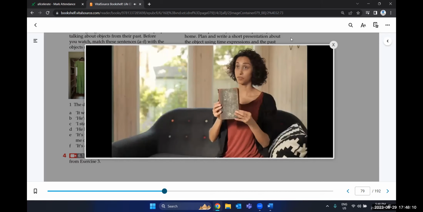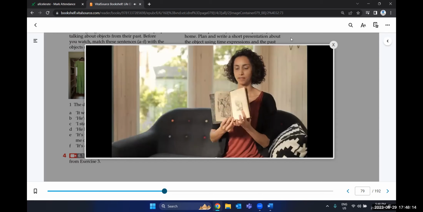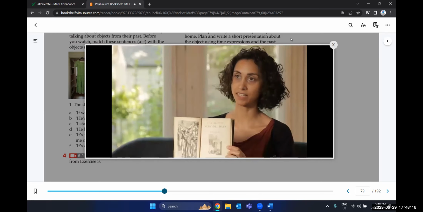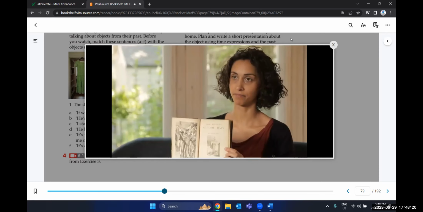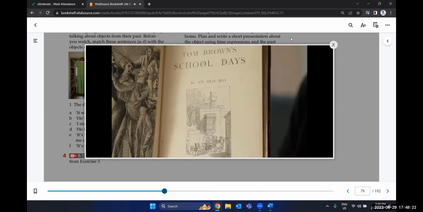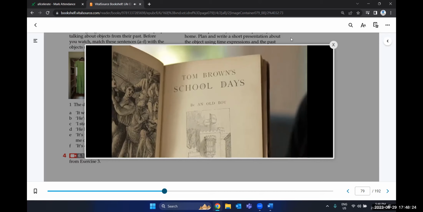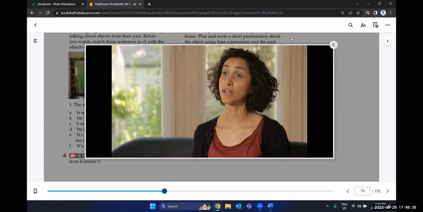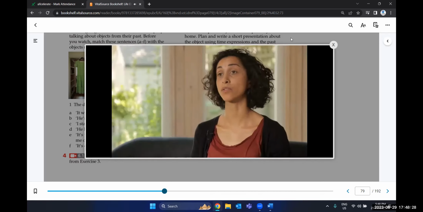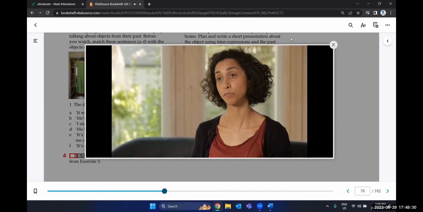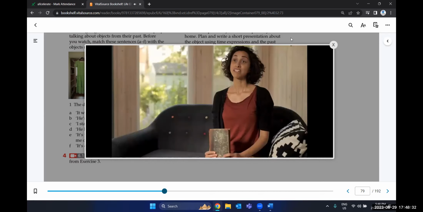This is a very special book. It's called Tom Brown's School Days. It was written in England in the 19th century, and it was my great-grandma. Special for my great-grandmother belonged to her first husband. They were married in 1898, but died in 1901.